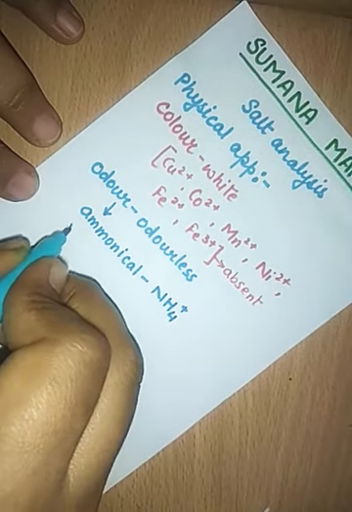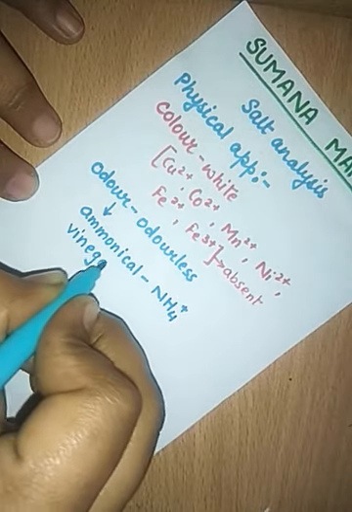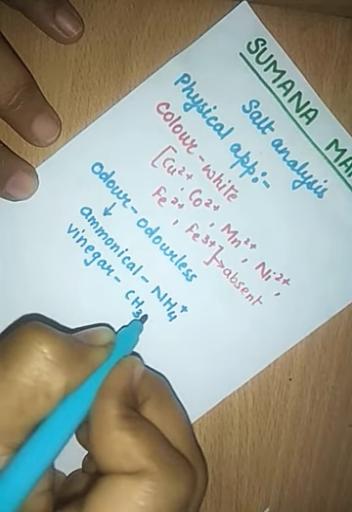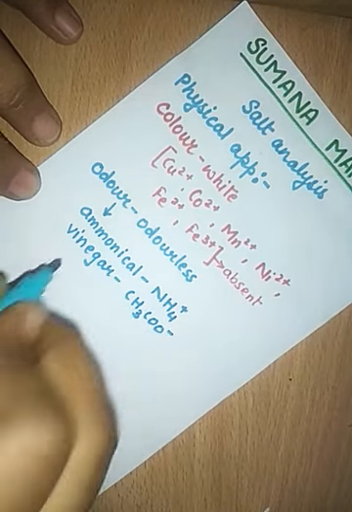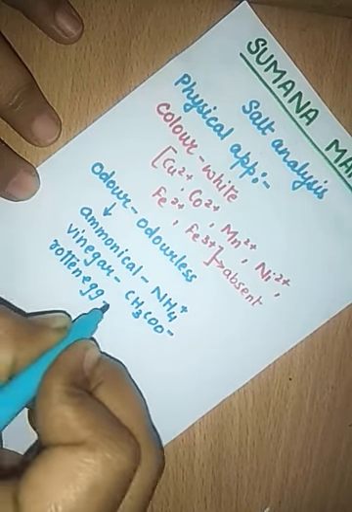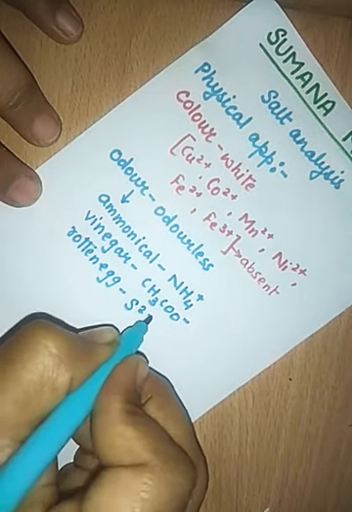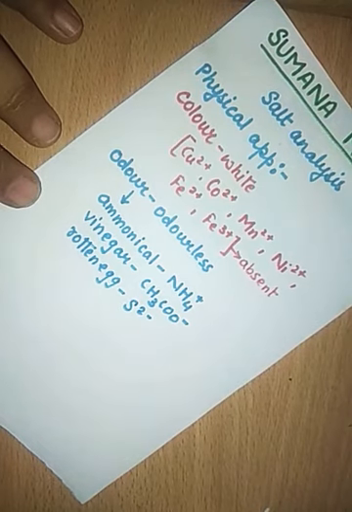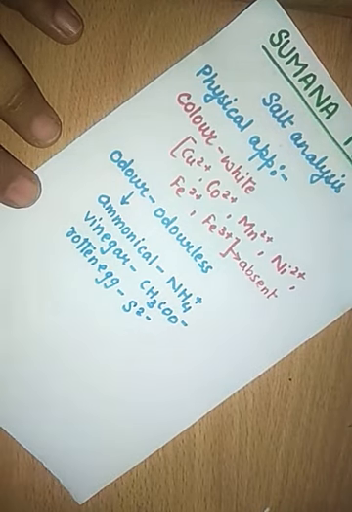If it is having a vinegar-like smell, then acetate ion can be present. If it is having a rotten egg-like smell, then sulfide ion can be present. So out of these, we can identify many of the salts.